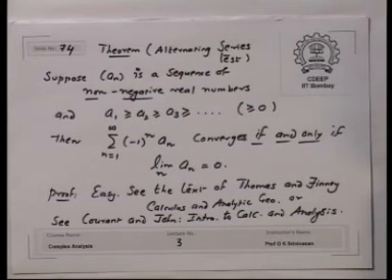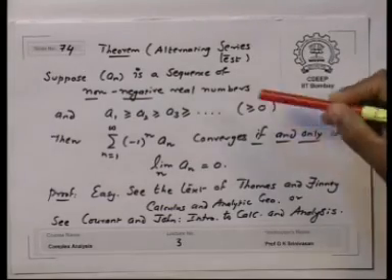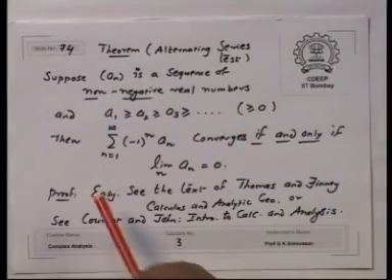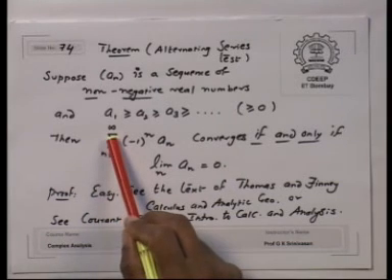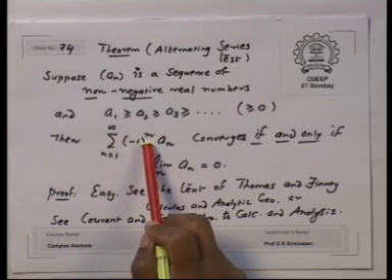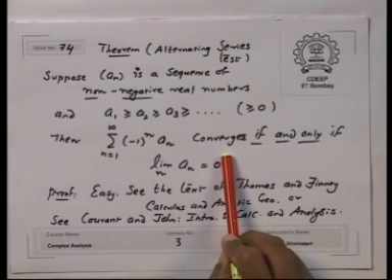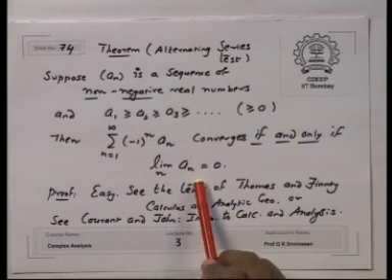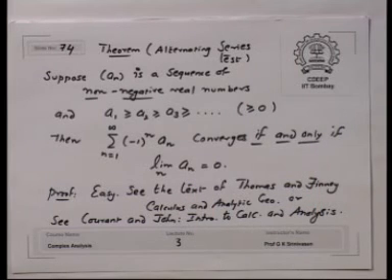Suppose a_n is a sequence of non-negative real numbers and a1 greater than or equal to a2, a2 greater than or equal to a3, etc. All of them non-negative. It's monotone decreasing, then sigma n from 1 to infinity (-1)^n a_n converges if and only if limit of a_n is 0. This is the alternating series test.